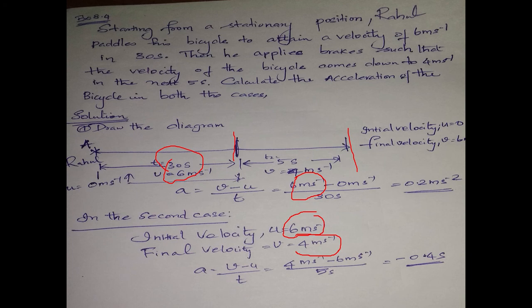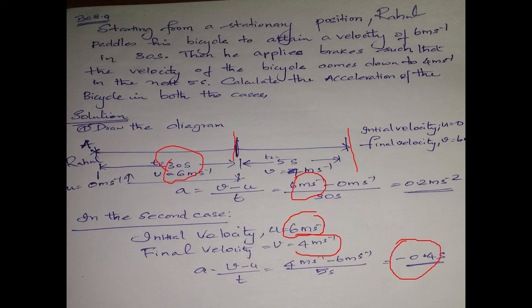So acceleration is equal to v minus u divided by t, that is 4 meters per second, the final velocity, minus 6 meters per second, the initial velocity, divided by 5, which gives you minus 0.4. So plus 0.2 is an acceleration, there is a speed increase. Minus means there is a speed decrease.